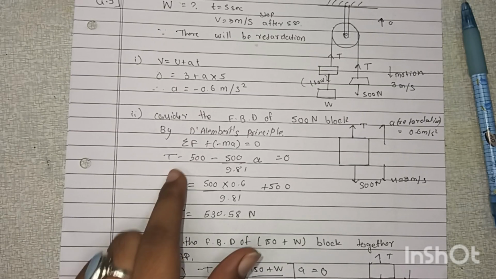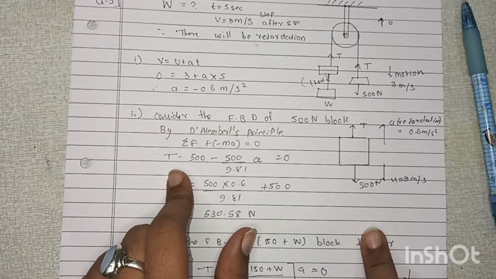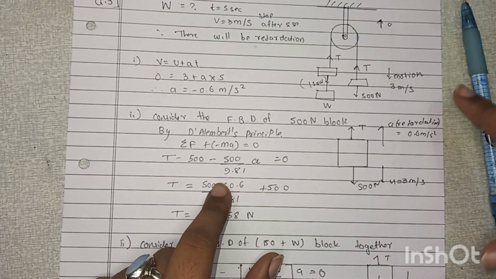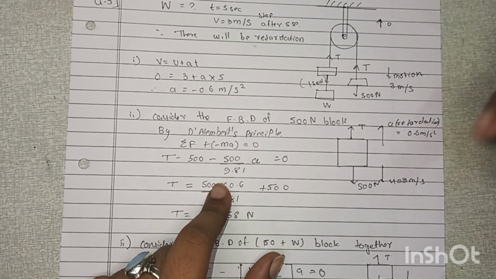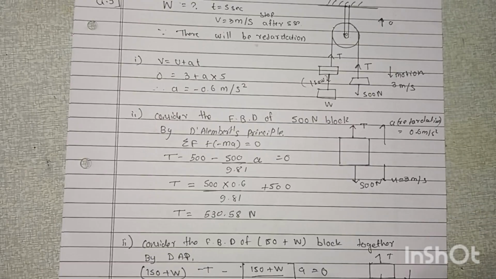So T, because the motion is upward, minus 500, and the inertia, since the acceleration is upward, is in the downward direction.